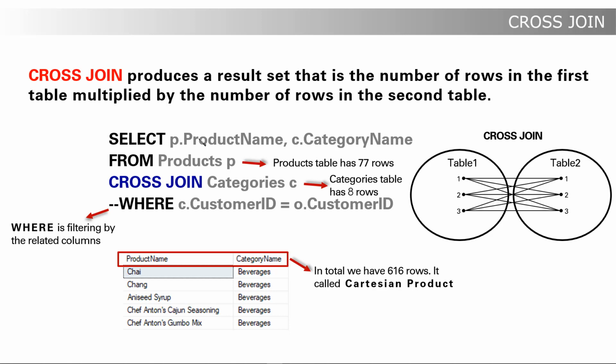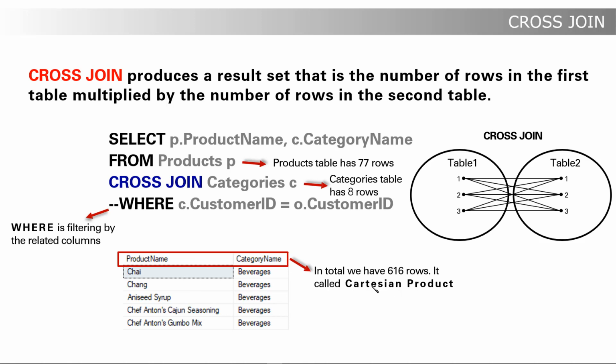Here, if we want to select product name, category name from products, we call it P. So the products table has 77 rows, and we do cross join with the categories table, let's call it C, and the categories table has 8 rows. So what it will do, it will multiply one by another, and in the result, we'll have 616 rows.